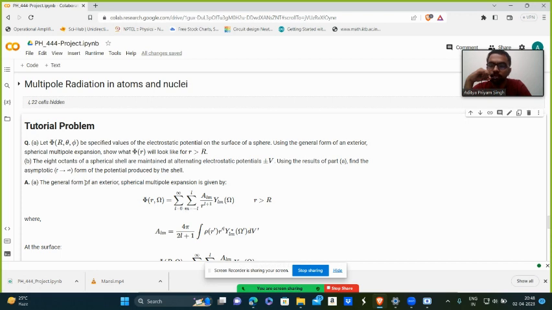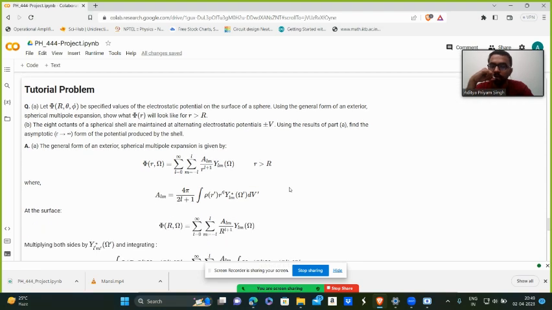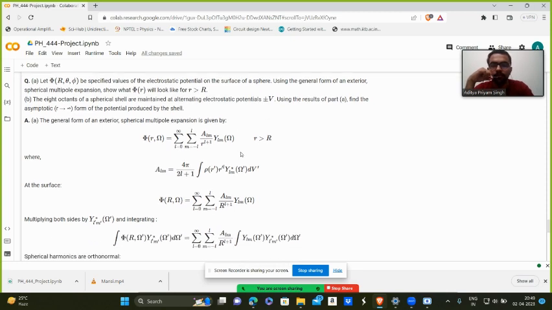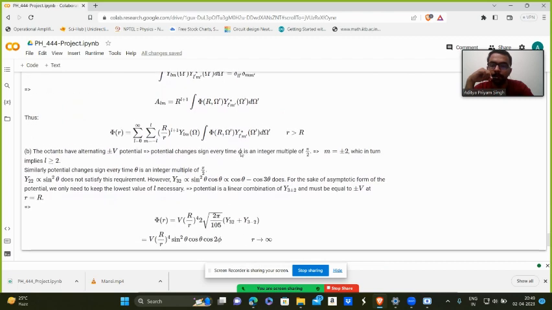As for the second part, we are told that the spherical shell has a potential of plus or minus V with the sign changing over every alternate octant. So all of its 8 octants will have plus or minus V sign. Now we're supposed to use the result that we obtained in part A to find the potential produced by the shell when r tends to infinity.